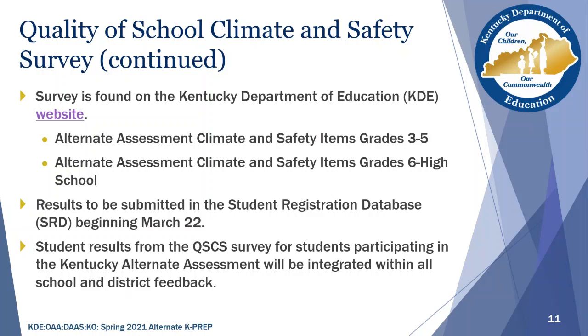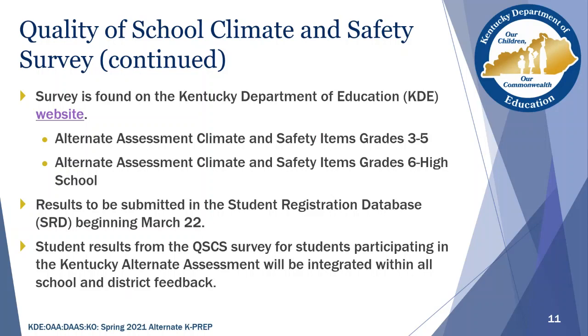So I'm going to repeat this several times, but if I'm repeating it, it's pretty important. The first thing to remember is whenever you access that binder to start the spring test administration, the first thing you're going to do before you administer any reading, math, science, social studies, writing, any of those things, you're going to administer this survey first. Okay?